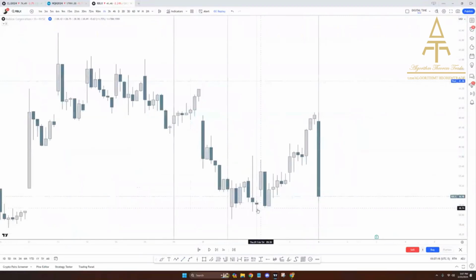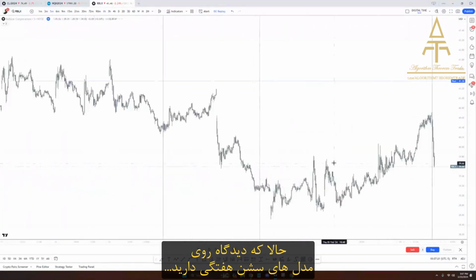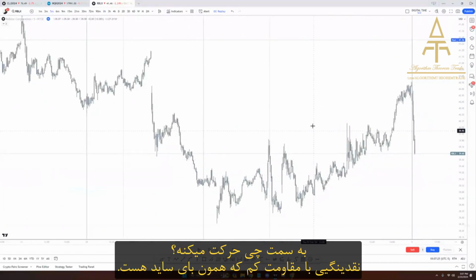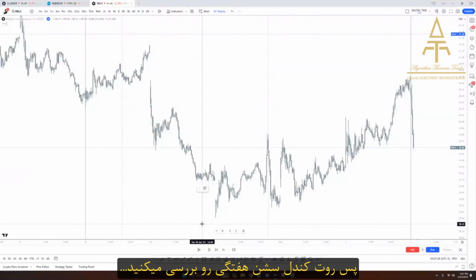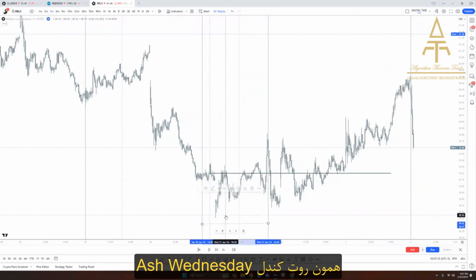Now, you're expecting, based off the weekly session time models, continuation towards what? The low resistance liquidity. So buy side in this case, right? So you're observing the weekly session root candle. That's the Ash Wednesday root candle.